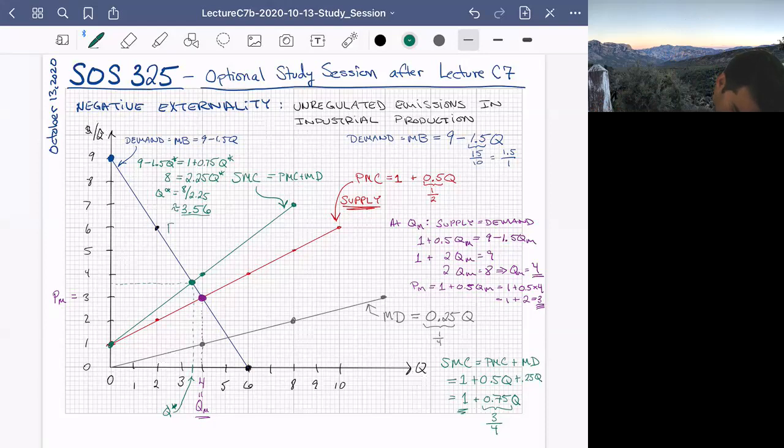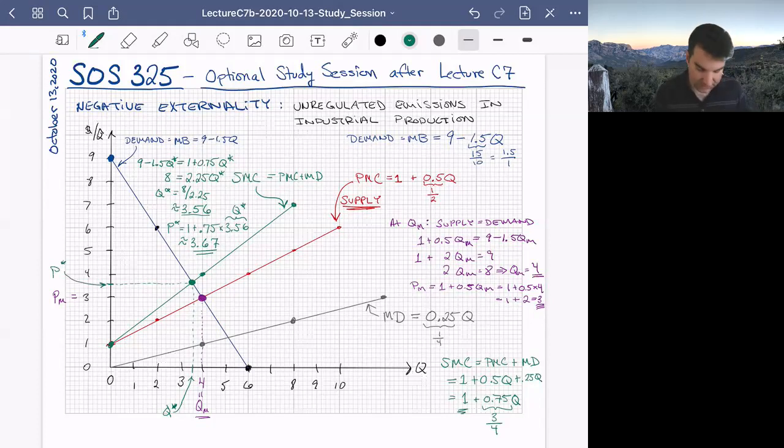So P star is equal to 1 plus 0.75 times 3.56, my Q star, which gives me about 3.67. And that right there is the P star. Okay, great.